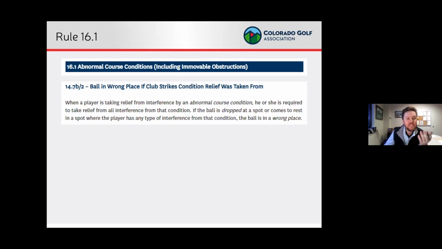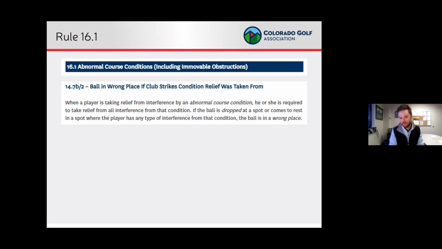So it says, and this is in 14.7, which is wrong place, but it's got a good link to 16.1, which we're looking at now, when a player is taking relief from interference by an abnormal course condition, he or she is required to take relief from all interference from that condition. If the ball is dropped at a spot or comes to rest in a spot where the player has any type of interference from that condition, the ball is in the wrong place, meaning it's outside the relief area.